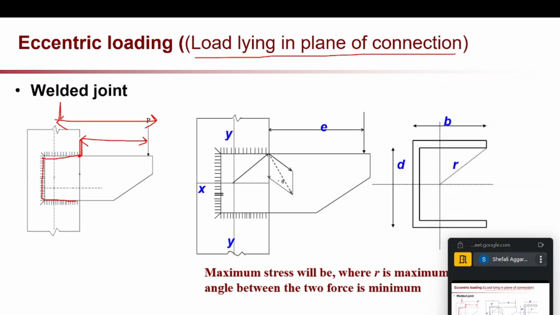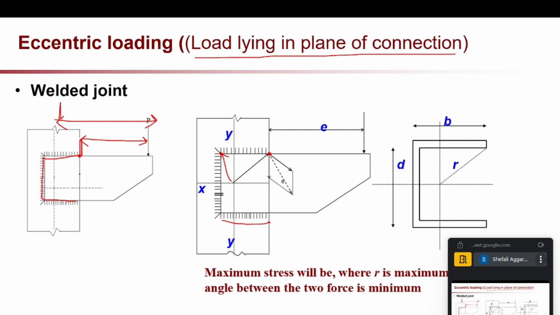Next, how we are calculating: we assume this is our y, this is our x, and this is our y. So our maximum stress will be at R. Why not at this point? Because this R is very small, so this stress will be smaller than this stress, right? Okay.